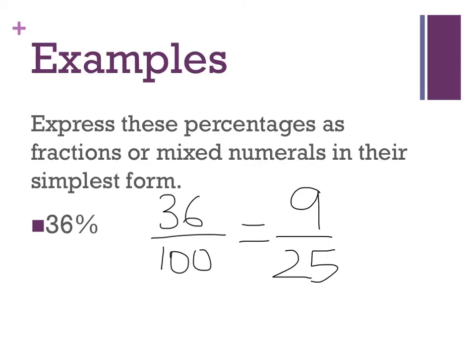I could have picked 2, and that would have been fine. It just would have meant I'd have to do another step after that and re-simplify. So 36 on 100 is the same as 9 on 25. So 36% in its absolute simplest form is 9 over 25.